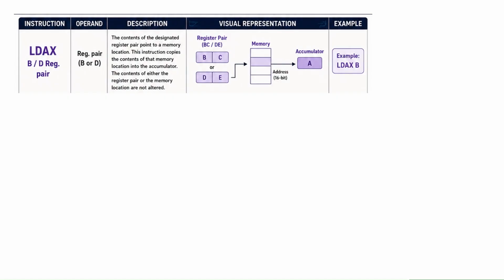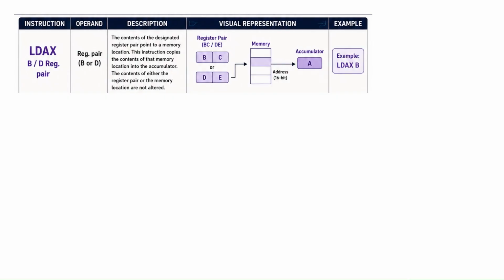In the registers of 8085, there are general purpose registers, and to make the pairs we have 3 pairs: BC, DE and HL. Each register can contain 8-bit data, so a register pair can contain a total of 16-bit data.